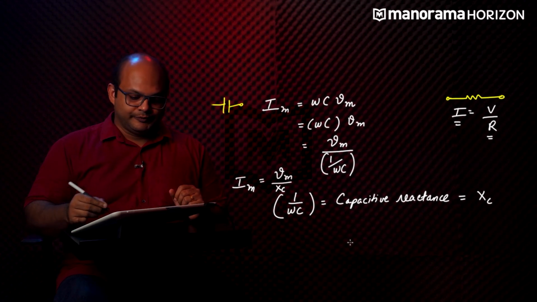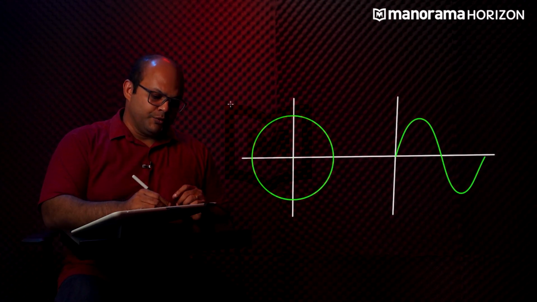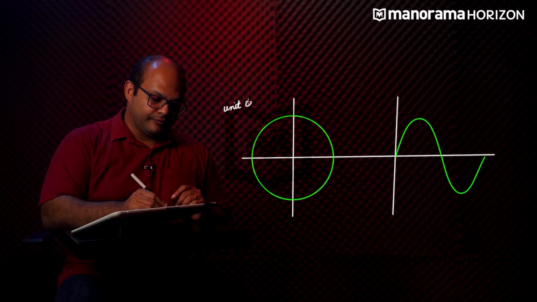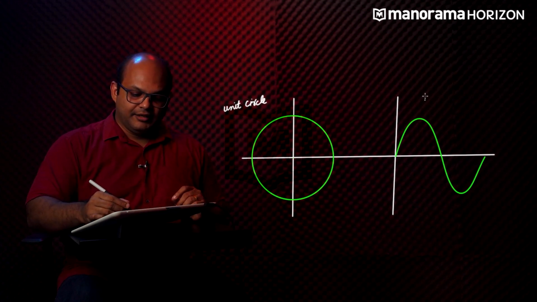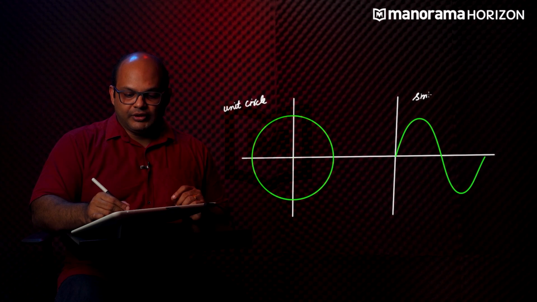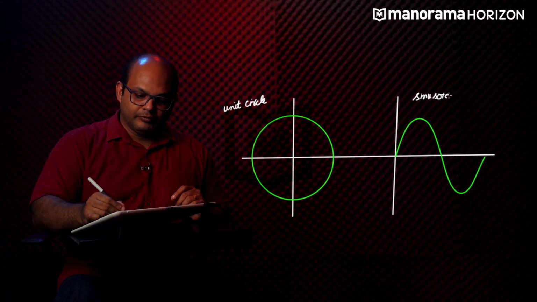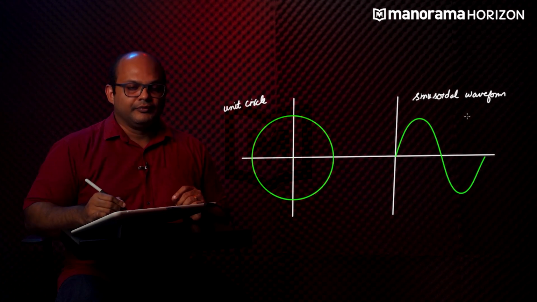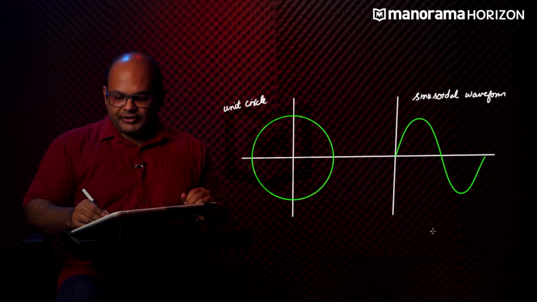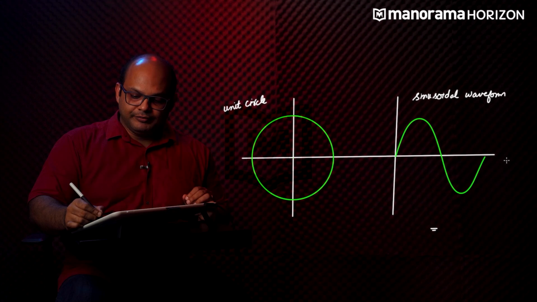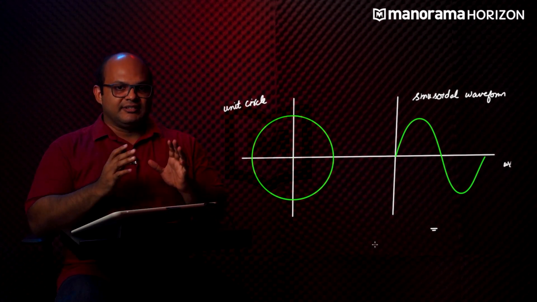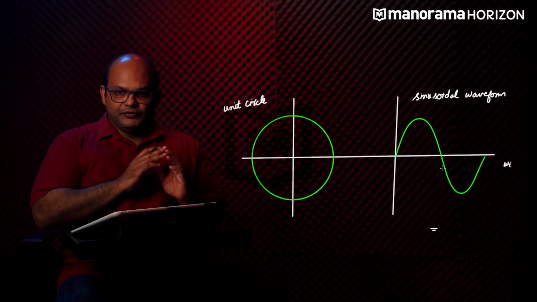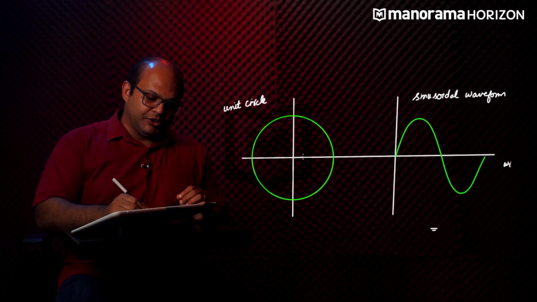Let's see how. So here we have a unit circle. And here is the actual sinusoidal waveform. So this is a sinusoidal representation of the signal with respect to time, or omega t. And here is a representation of the same phenomenon, but here the forward movement of the graph is turned into a rotation.